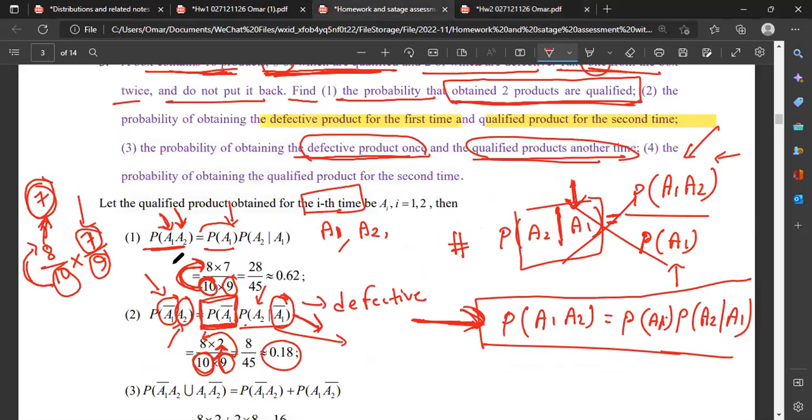And number 4, the probability of obtaining the qualified product for the second time. So we now consider just the second time, okay? So qualified product for the second time.